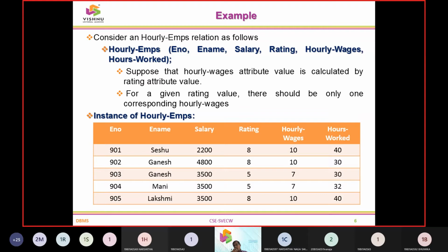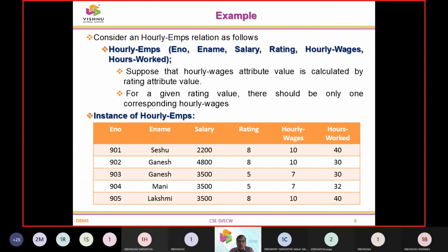If I want to go for decomposition, there should not be any insert anomaly, delete anomaly, or update anomaly. To see that these three things do not happen, we use functional dependency, which we can learn in a few minutes.